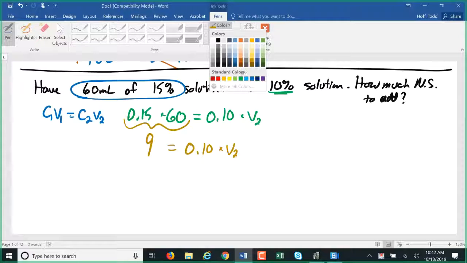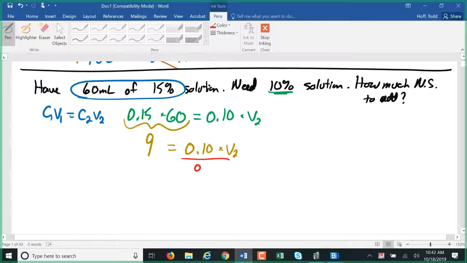To solve for the volume, we're going to divide by the 0.10. Giving us 90 as our new volume. Our volume before was milliliters, so this is still in milliliters. 90 milliliters is our new volume.